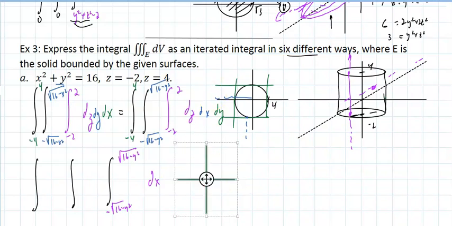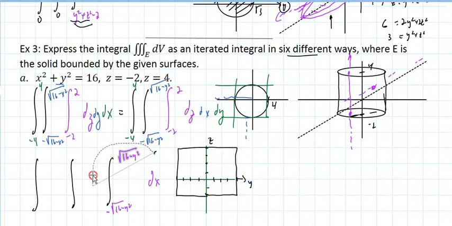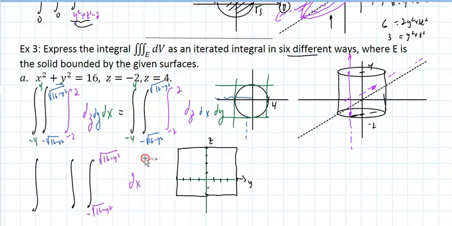So we have 1, 2, 3, 4, 1, 2, 3, 4. We're looking at this rectangle. And remember, there's no x. This is y, this is z. I don't need that much space because it's just a rectangle, right?